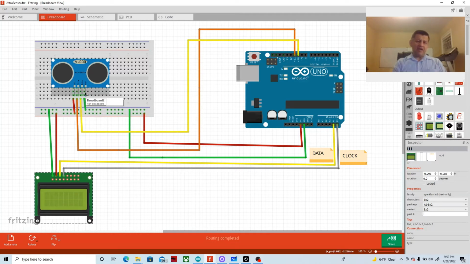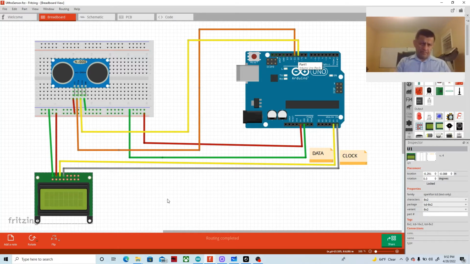Then we have the ground going to the ground, and then we have the trigger pin coming over here going to number 11. This is the trigger pin. The echo pin, with this yellow one, is coming over here, and it's going to pin number 10 in the digital side of the Arduino microcontroller.